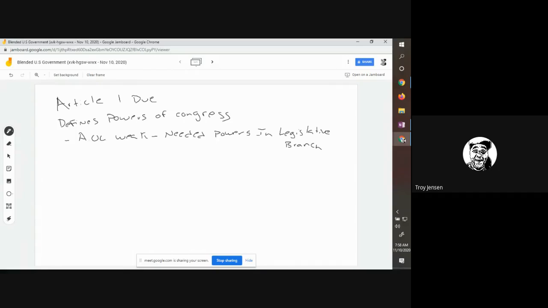Okay. The very first section of Article 1 really defines the type of legislative branch we have, and that is a bicameral legislature. The way our legislative branch is broken up is we have two houses, an upper and a lower house, with the Senate and the House of Representatives.